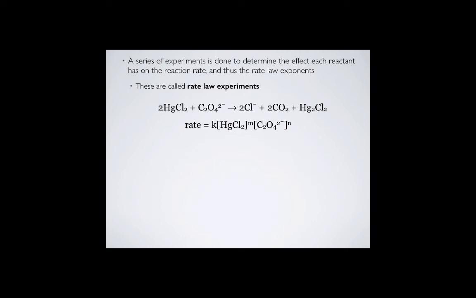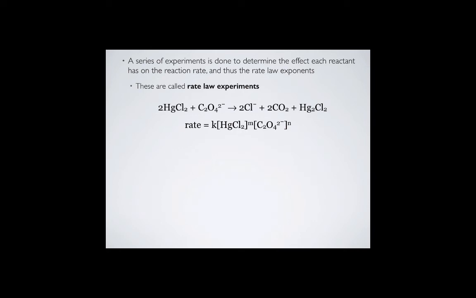So here's an example equation. We've got mercury chloride and the oxalate ion reacting to give us some chloride ion, carbon dioxide, and a different mercury chloride. We can write a general rate law for this reaction: rate equals k times the concentration of HgCl2 raised to some power m, times the concentration of the oxalate ion raised to some power n.